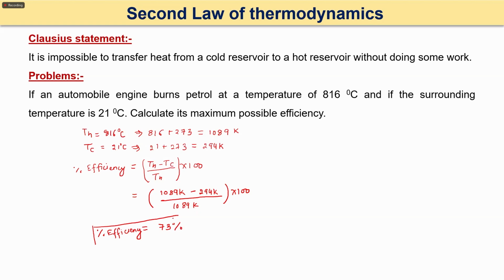Okay, so that means the maximum possible efficiency of the automobile engine is 73%.